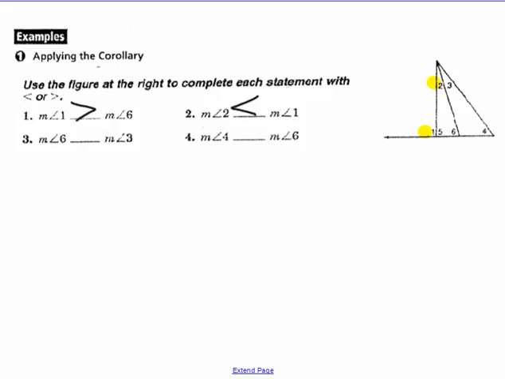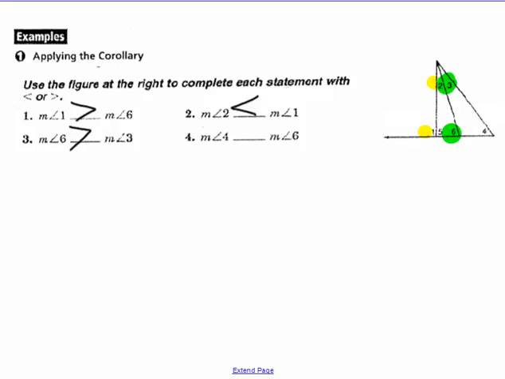Number 3, look at angle number 6 and angle number 3. Well, 6 is exterior, so this one is going to be greater than angle 3, sorry.